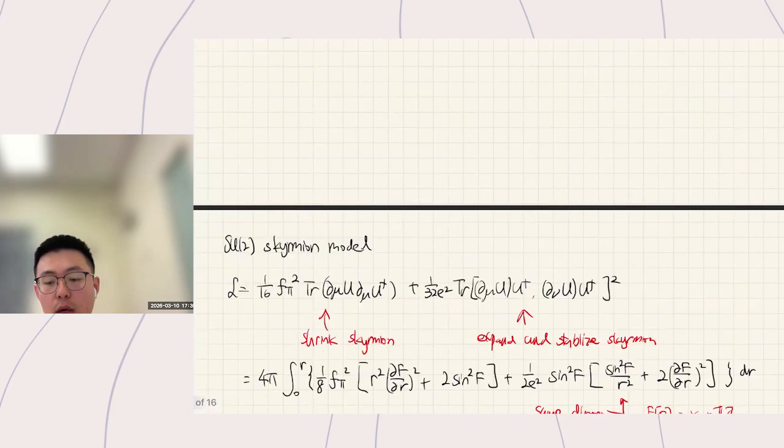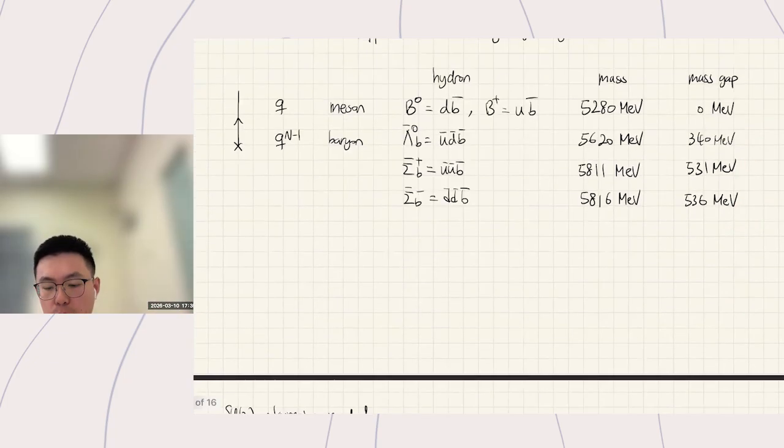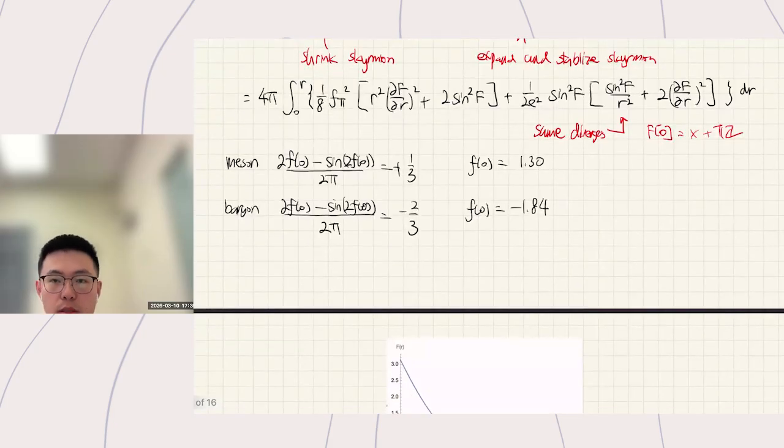In my calculations, strictly speaking, there should also be some effects coming from the heavy quarks. For example, if you replace the bottoms by charm, these numbers will also be shifted, and so these heavy quarks actually do affect the actual mass gap. So what I did here is sort of an approximation.